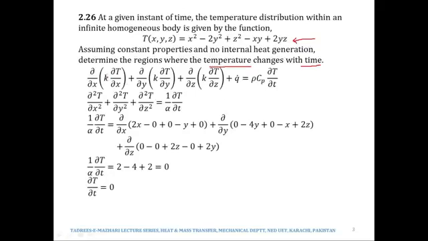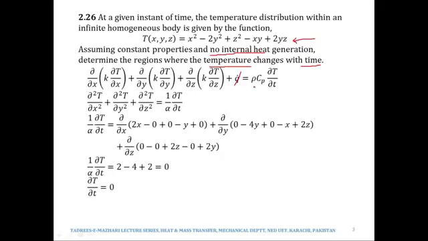Since k is constant, we will take k out of the differential sign, so it would be second derivative of T with x, second derivative of T with y, and second derivative of temperature with z. And it says there is no internal heat generation, so therefore this term will not exist anymore.